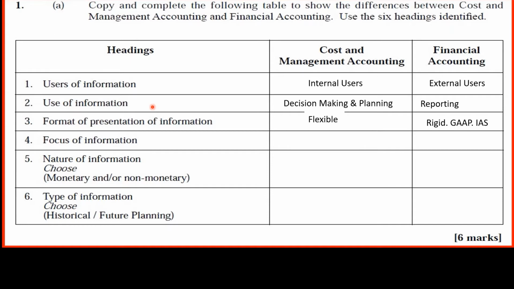The focus of the information for cost and management accounting could be on the entire or part of the organization, could even be for a person. Financial accounting, the whole organization mostly is reported on. Nature of information, monetary or non-monetary.